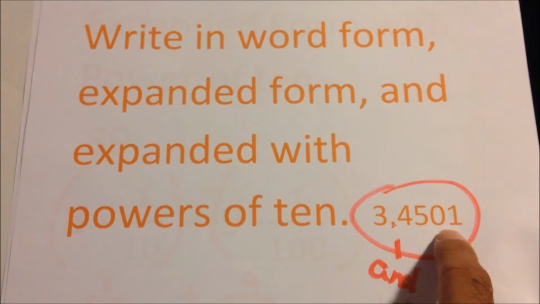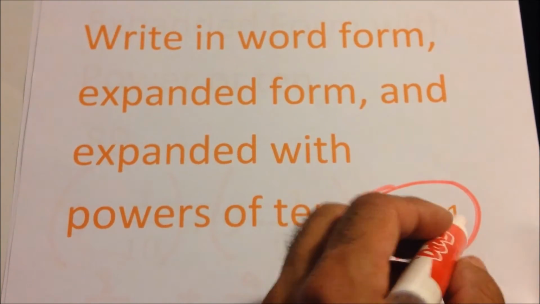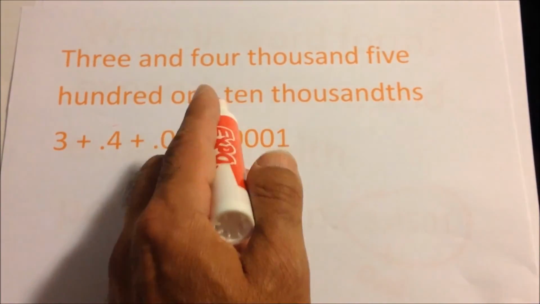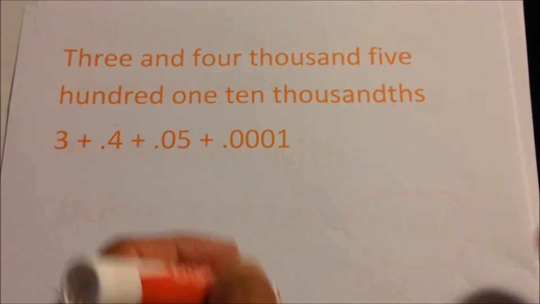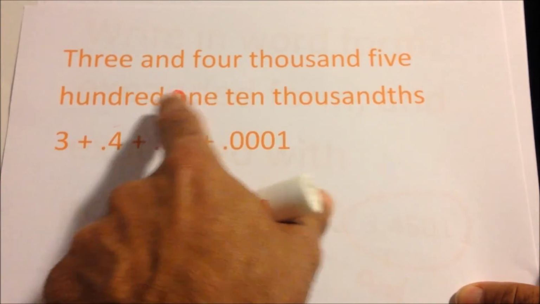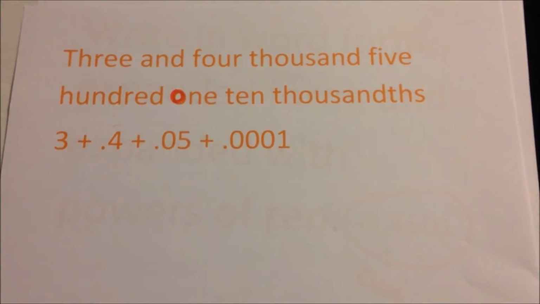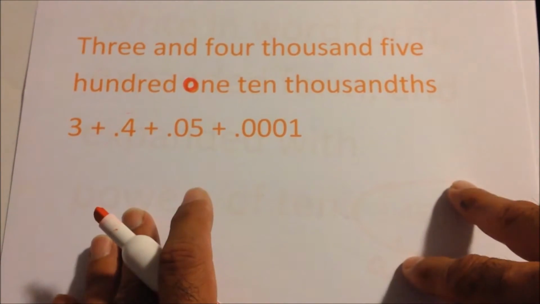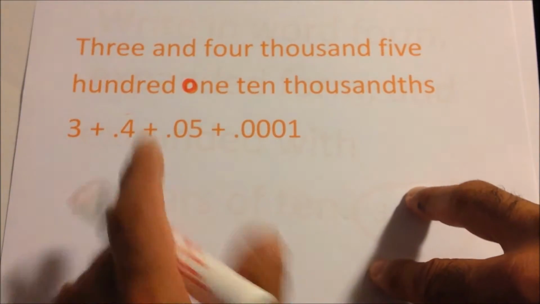It's 4,501. So remember, you gotta have that 4,501, not "and 1." We have to be careful. Everyone makes that mistake. It's 4,501, not "and 1," because remember, "and" means a decimal. But everyone does it, so we have to try to be careful with that.